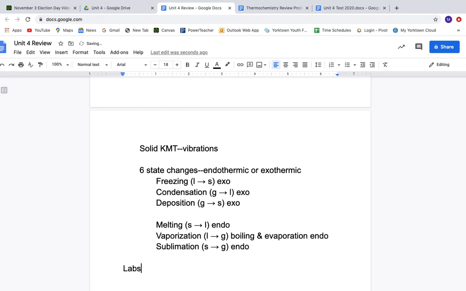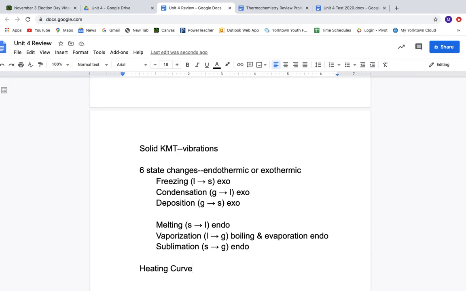Then we'll have some lab questions. And actually, before I get to the lab questions, you should understand the heating curve. So we had 3 different pictures on the 4C PowerPoint. You had to draw it in your 4C homework, and then you created a heating curve, hopefully, when you did the boiling water lab.